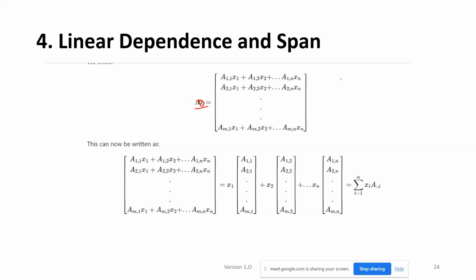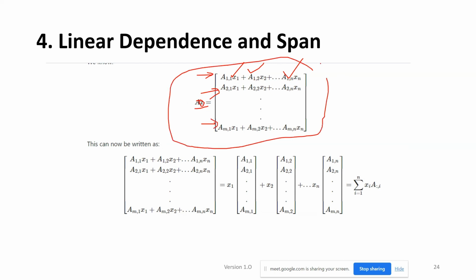So Ax means A11 x1 plus A12 x2, and so on for the first row, then similarly the second row and the third. This is the final product Ax.